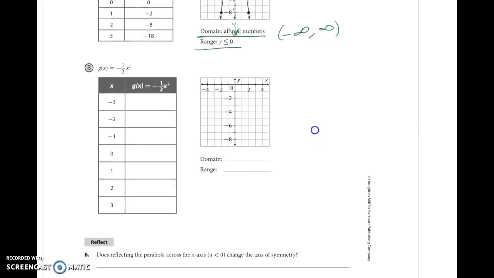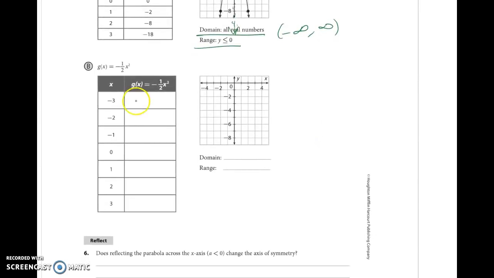For this one here, if you recall the values we just had in that other one, we had 4.5, 2 squared was 4, divided by 2 is 2, 1, this is a 1/2, 0, 1/2, 2, and 4.5. So these were the values we had in the other t-chart when we didn't have that negative. Well, what's that negative going to do? It multiplies all of these by a negative. So if I graph these, and if you don't believe me, plug it in yourself.